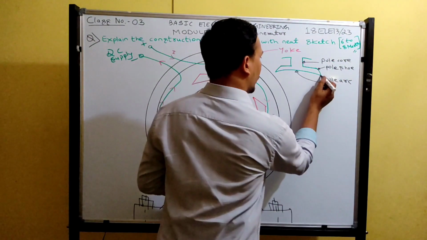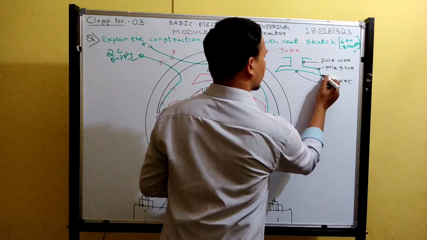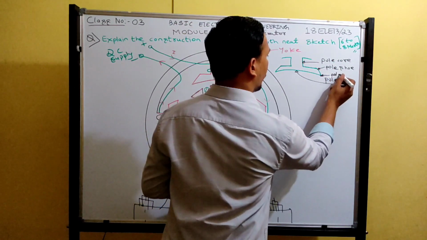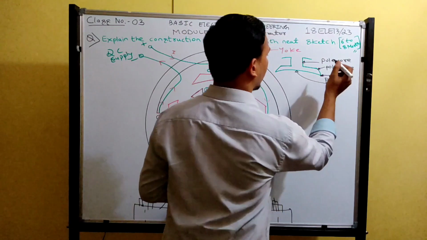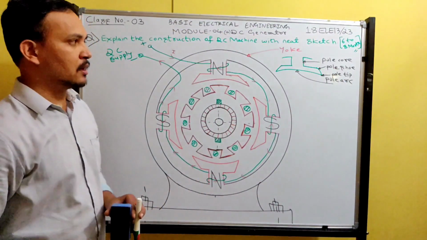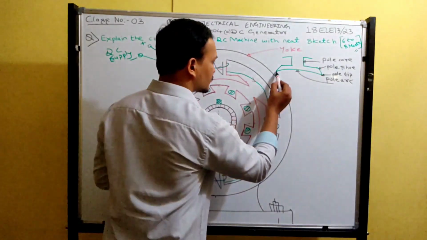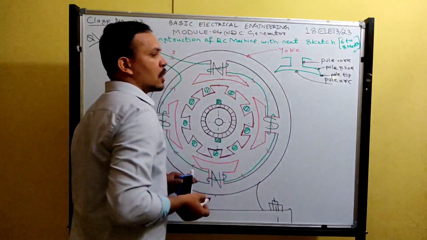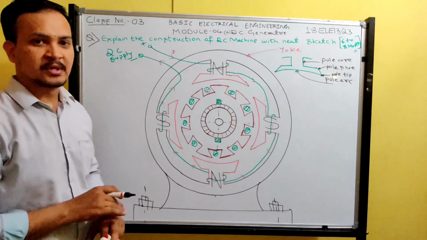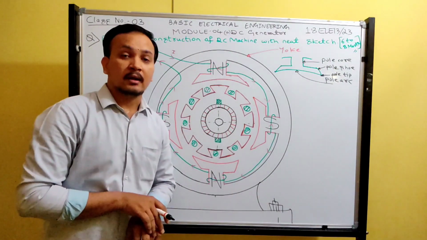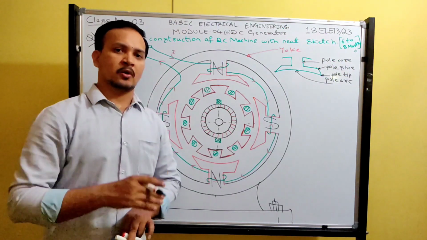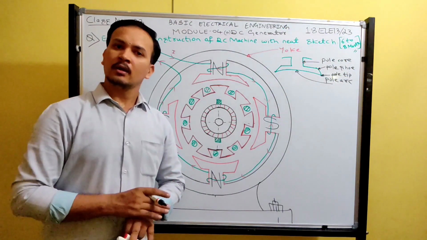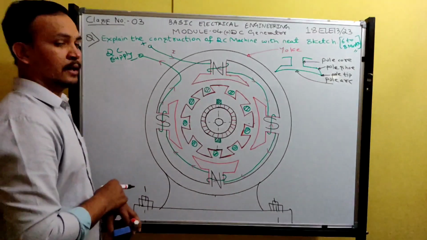And these end points, we can call it as pole tip. Okay, the end points are called pole tip. So this is also pole tip, that is also pole tip. We have two pole tips, leading pole tip and trailing pole tip. That is a higher level topic that you need not worry more regarding that.